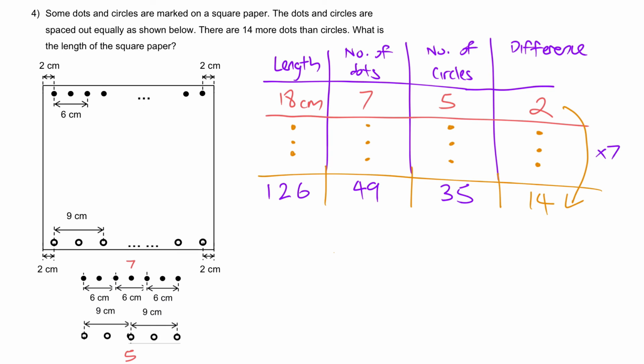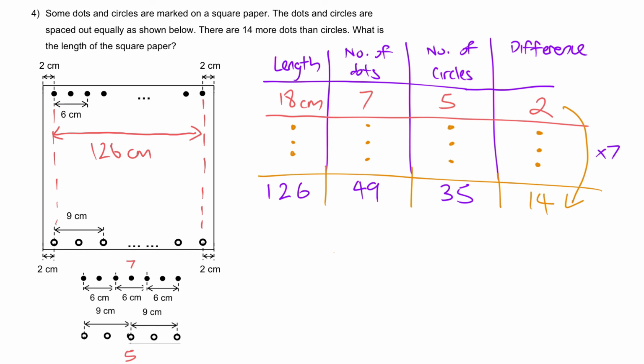The distance, what it means is, in order for there to be a 14 difference between the dots and circles, the whole stretch will be from here all the way to here. This will run 126 cm.